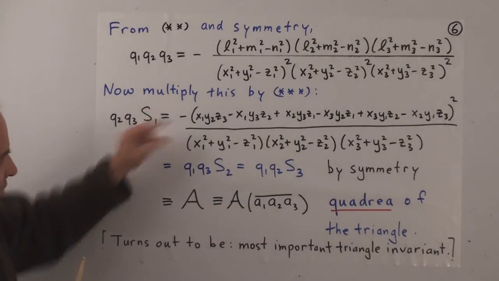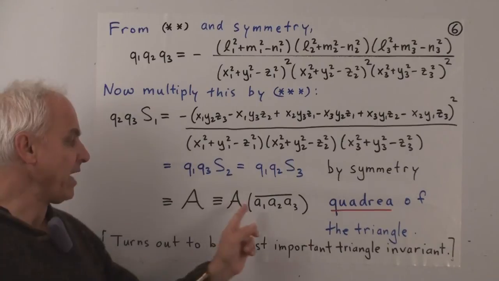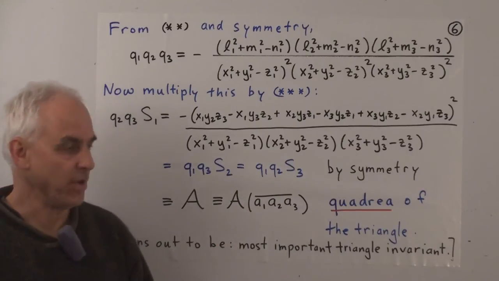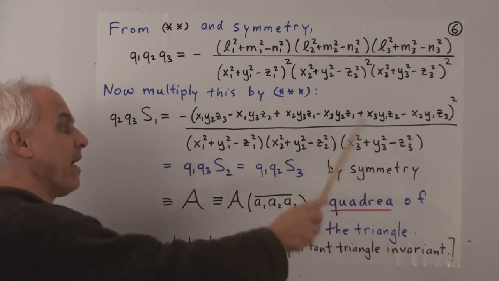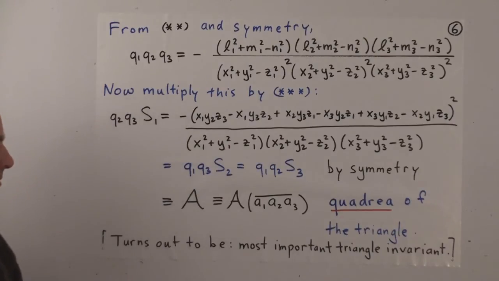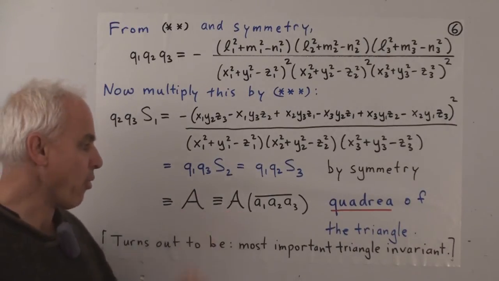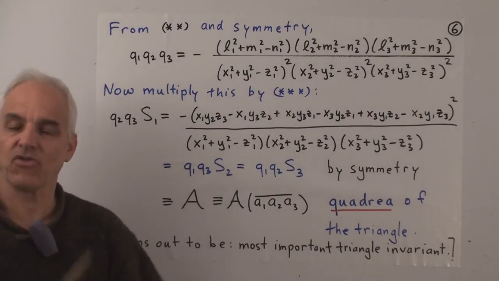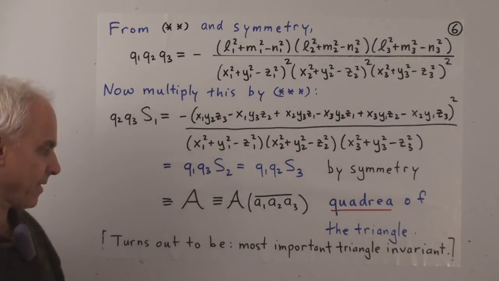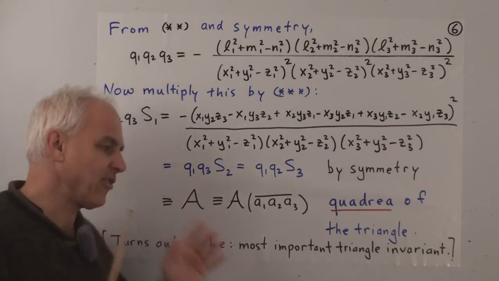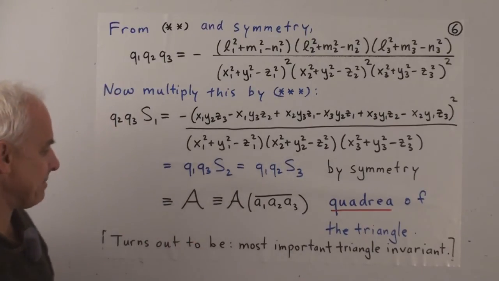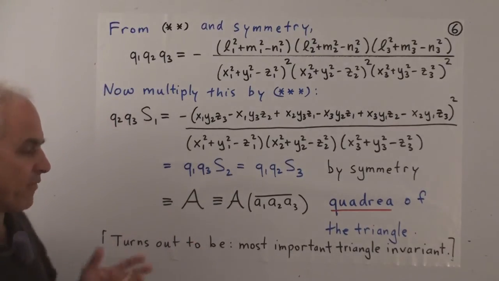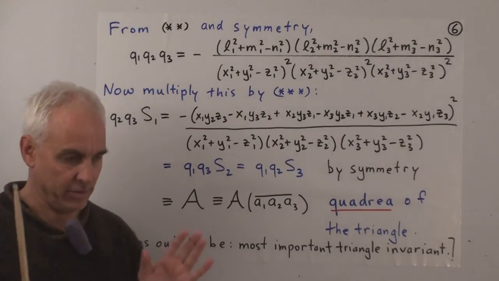So this expression is invariant under scaling of any one of the coordinates A1, A2, and A3. So it really is a well-defined expression. We will see later on that this is the most important single invariant for the triangle itself. In some sense, this is somehow some kind of hyperbolic analog of the square of the area, very loosely.